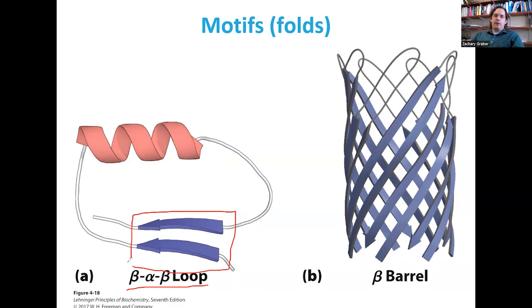But of course, when you have a parallel beta sheet, we need our amino acid strand to get around back to the far end of our other beta strand to then form that parallel connection here. So as our loop goes out, we then form an alpha helix before coming back around to form the next strand of our beta sheet here.